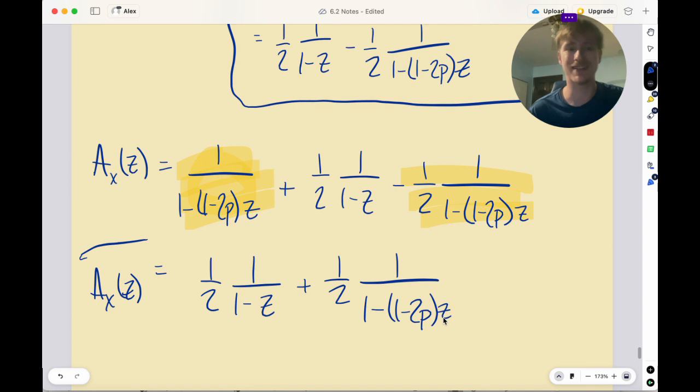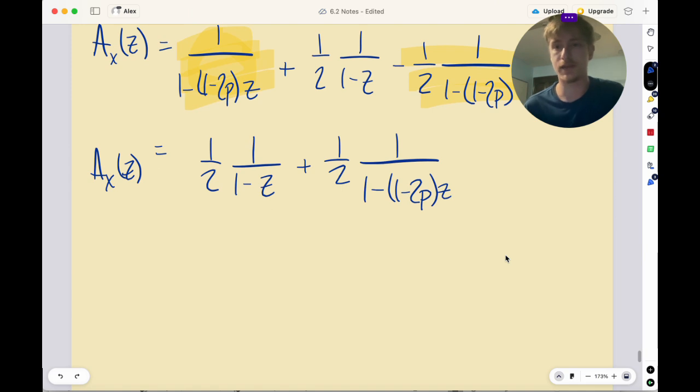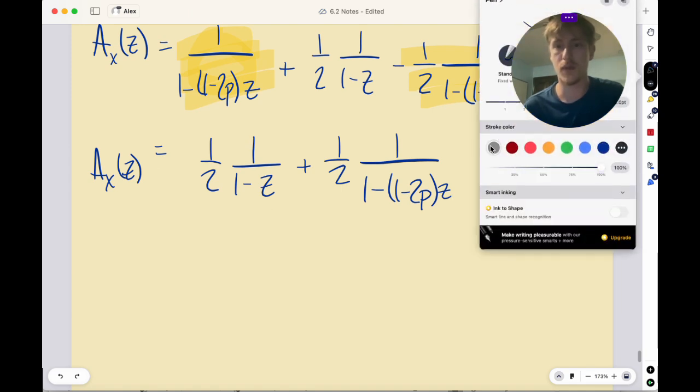I'm tempted to box this answer, but I can't because we need the probability. We need the probability of getting so many successes. We need capital P of k. So we just want the probability, and to get that, remember one of those properties, which I'll remind you.